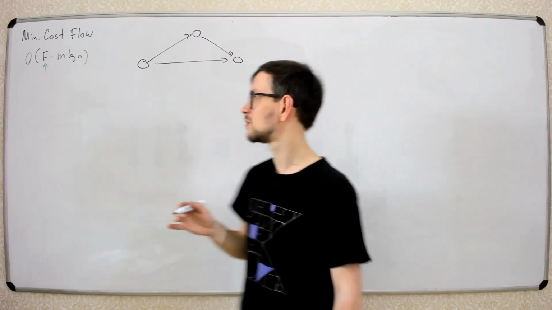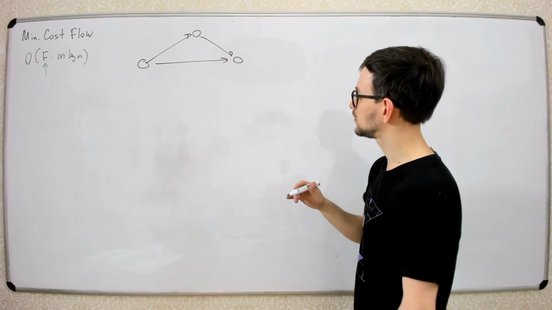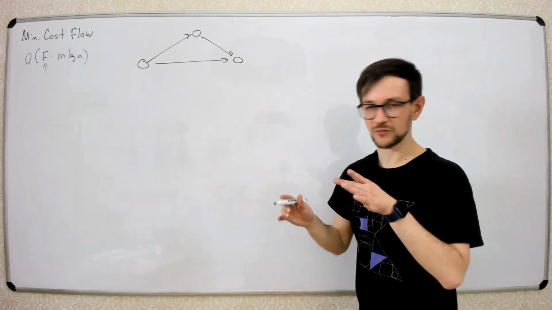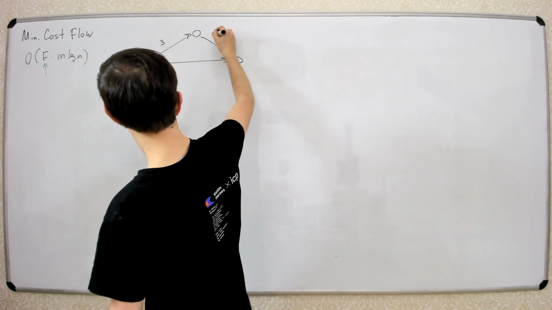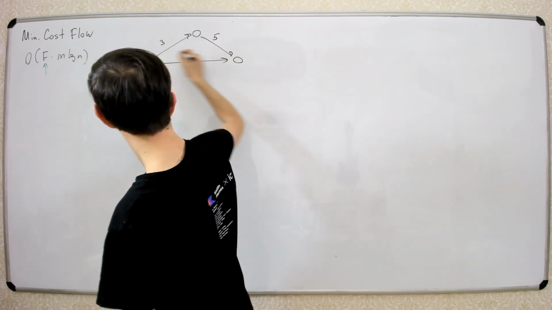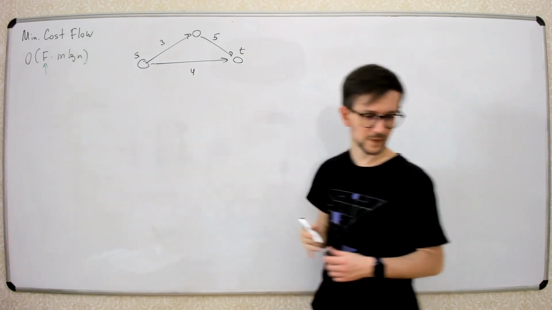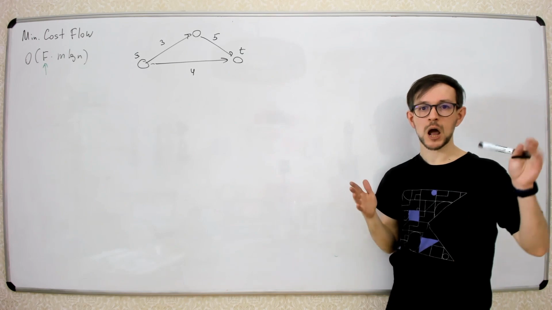I explained it to someone not so long ago. I'm not sure if I explained it to you, but let's just repeat. Let's have some graph with capacities, let's say 3, 5, and 4. That's my graph with the capacities of the edges.